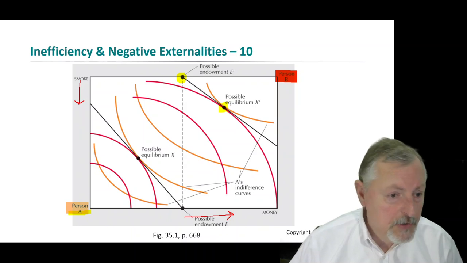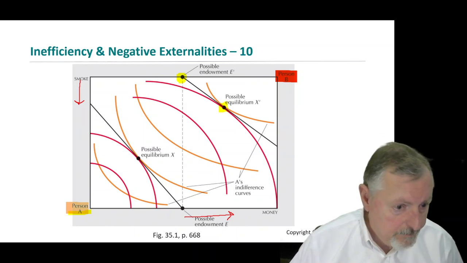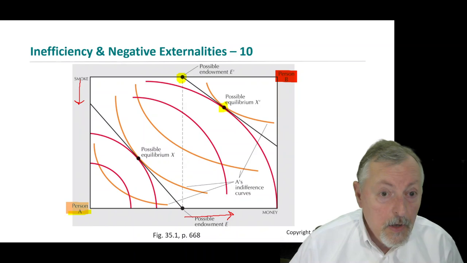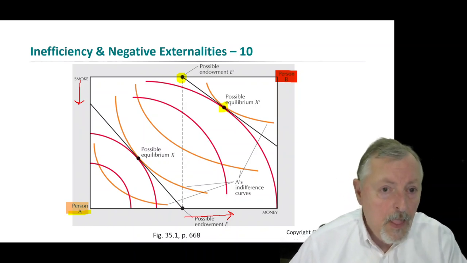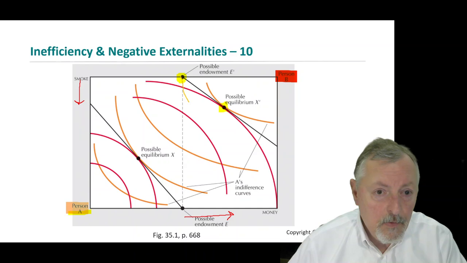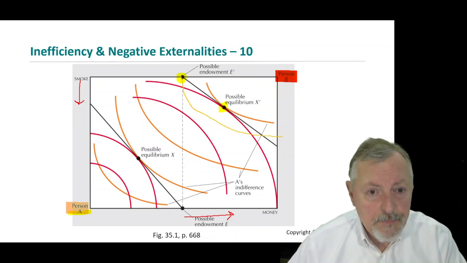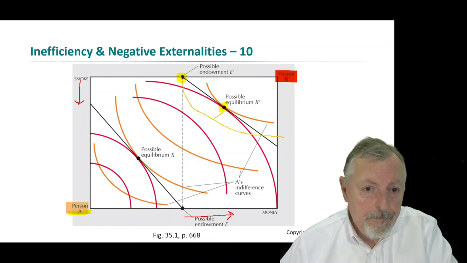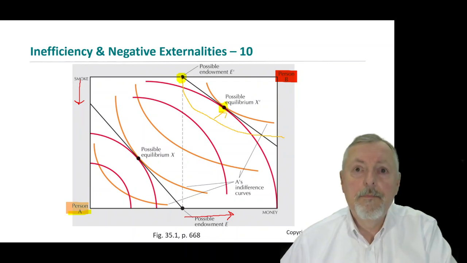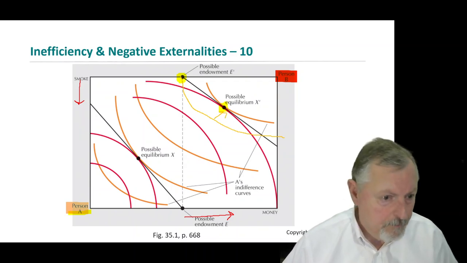Right now, this person, let me put in the correct color, right now, person A is on an indifference curve something like that. By making this trade, person A is better off.